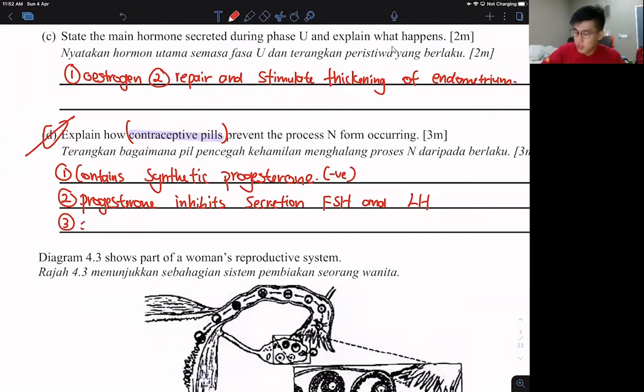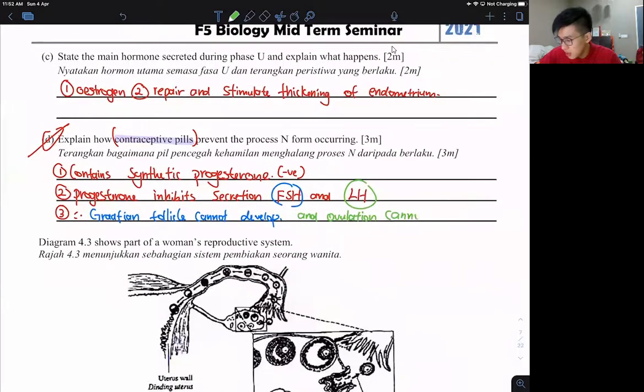So therefore, you just mention no FSH means Graafian follicle cannot develop, no LH, therefore, ovulation cannot occur.